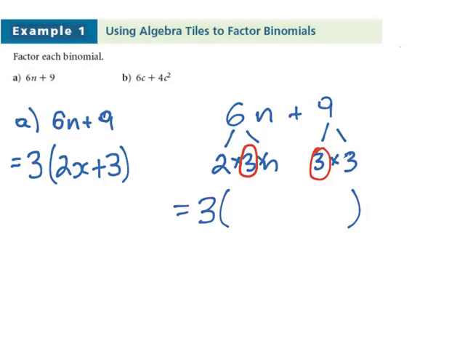We have a 2 left and an n. So we write those in a bracket, plus, copy down the operation, and we also have a 3 left with the 9. And here's a different way to solve the same question.